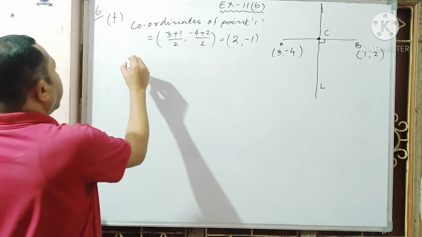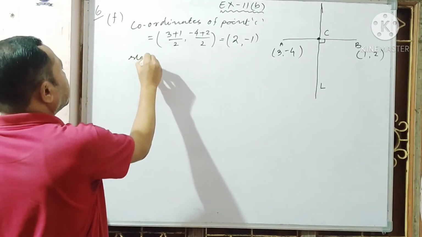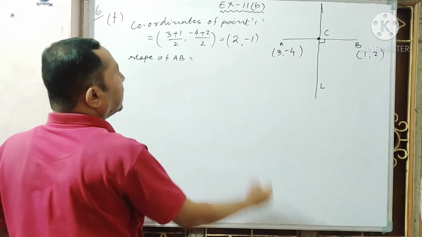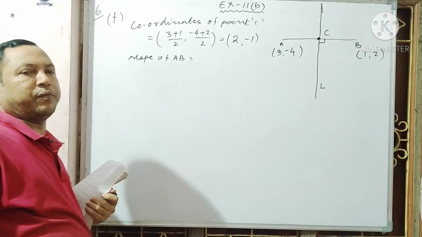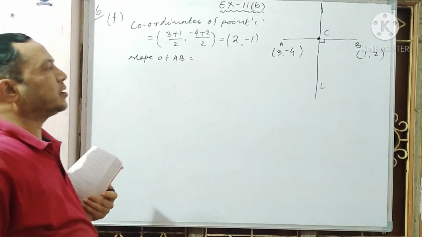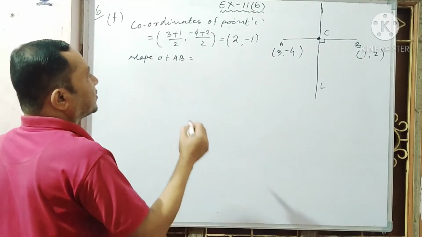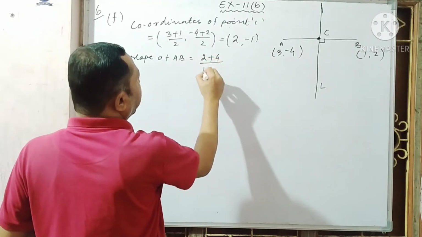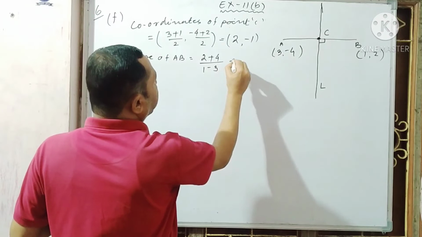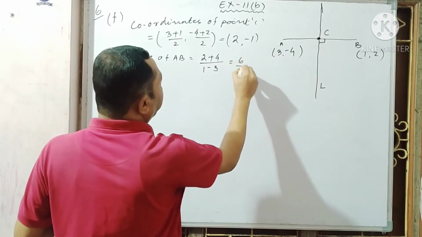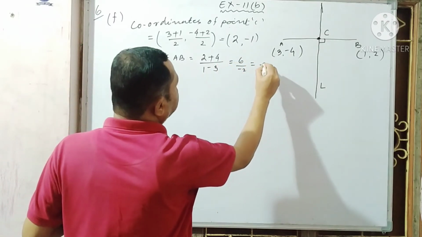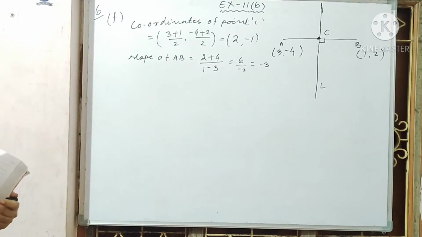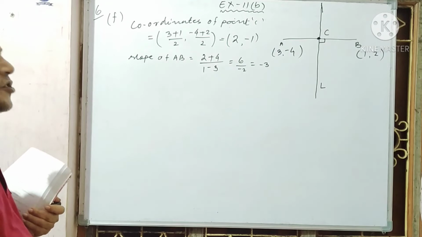Slope of AB we can calculate using the 2-point form, that is y2 minus y1 by x2 minus x1. So 2 plus 4 divided by 1 minus 3, or it is equal to 6 by minus 2, which is minus 3. The slope of the line AB is found to be minus 3.